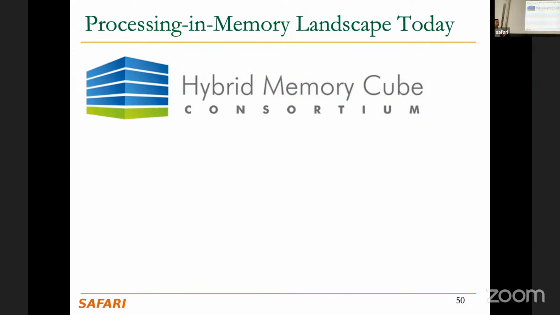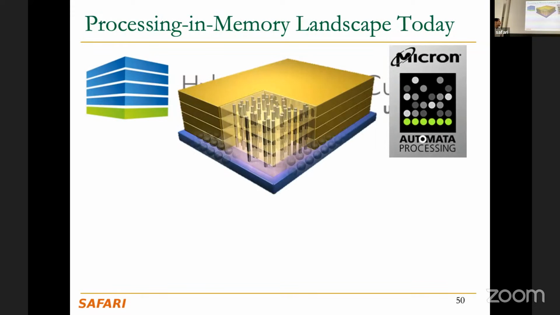So there is a push, or there was a push, there is still a push actually, from the industry itself to try to figure out at least the memory scaling problem. This came around 2012, 2015. Micron and other companies created the Hybrid Memory Cube consortium, where they started developing what's called 3D stacked memories, where you stack together different dies of memory and then connect them via what's called through-silicon vias.